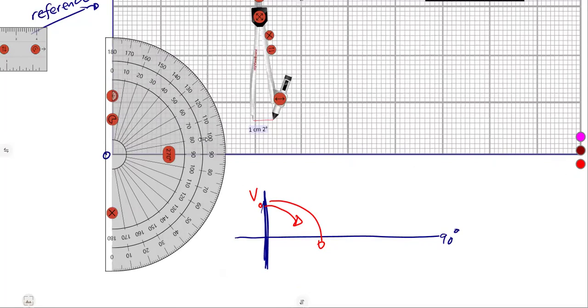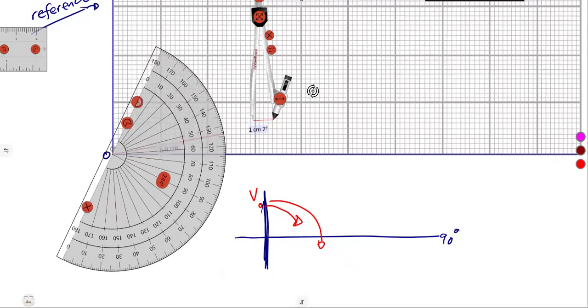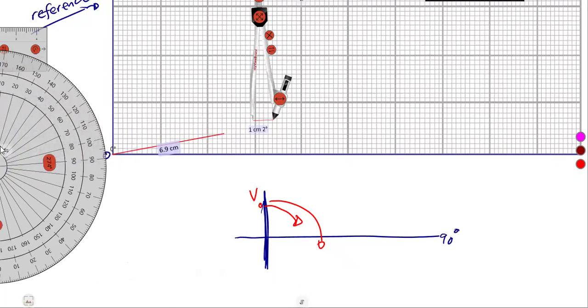You see where 80 is? Approximately, you just measure that 80. You mark a point at 80, where you go straight, corresponding to that 100 there. Where 80 is, just an approximation, where 80 degrees is.